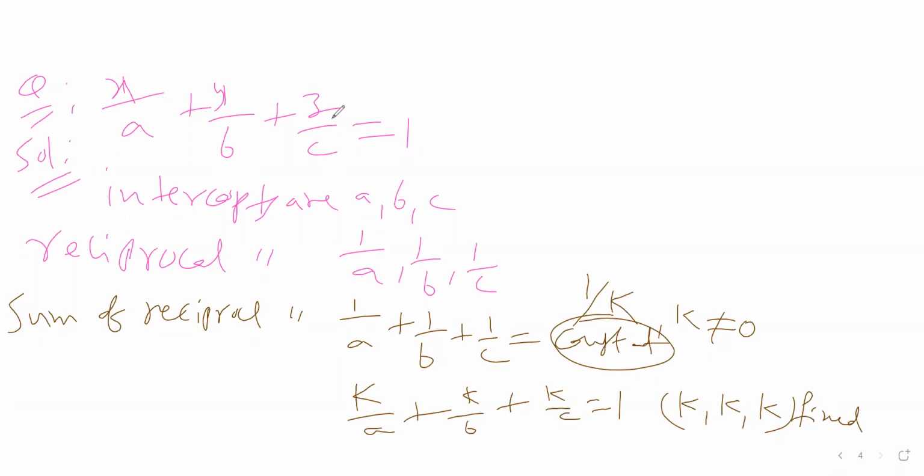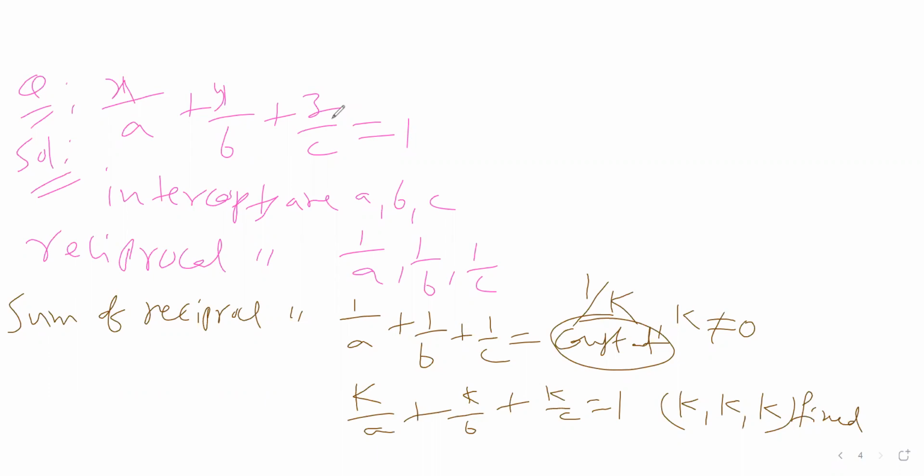Now again I'm going back to the question. A variable plane moves so that the sum of positive reciprocals of its intercepts on the coordinate axes is constant. Then show that it passes through a fixed point.